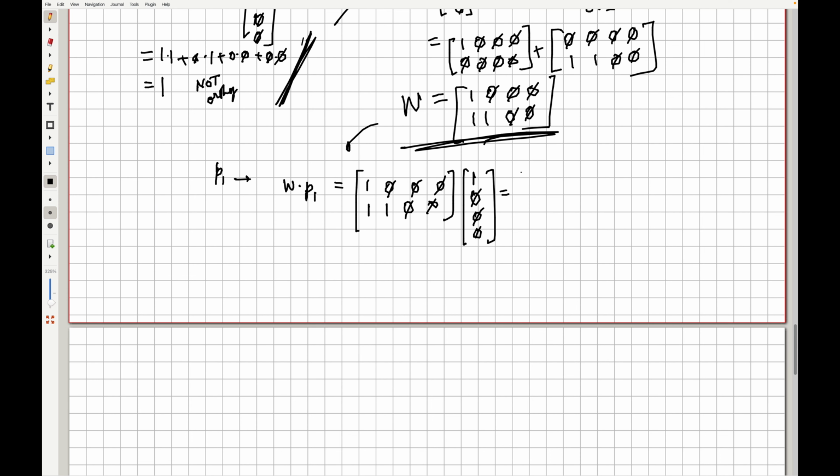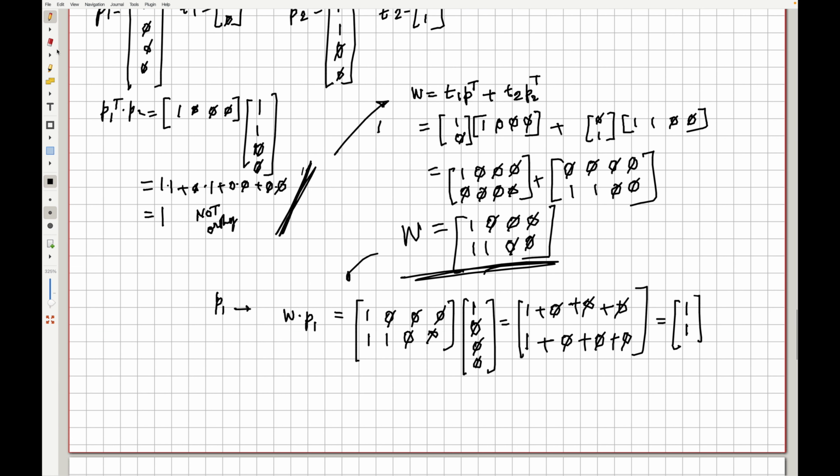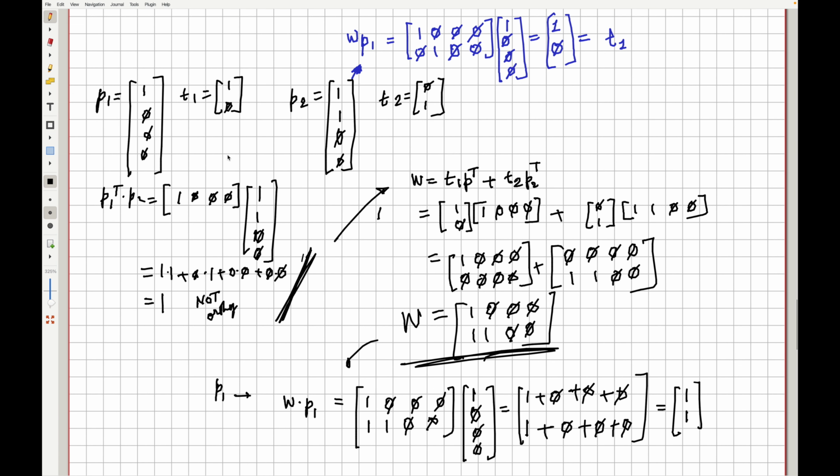And let's see what happens. So here we have 1, then plus 0 plus 0 plus 0, and then down here we have 1 plus 0 plus 0 plus 0. So what we get is 1 1. Well, that is not the same as T1, which is 1 0.